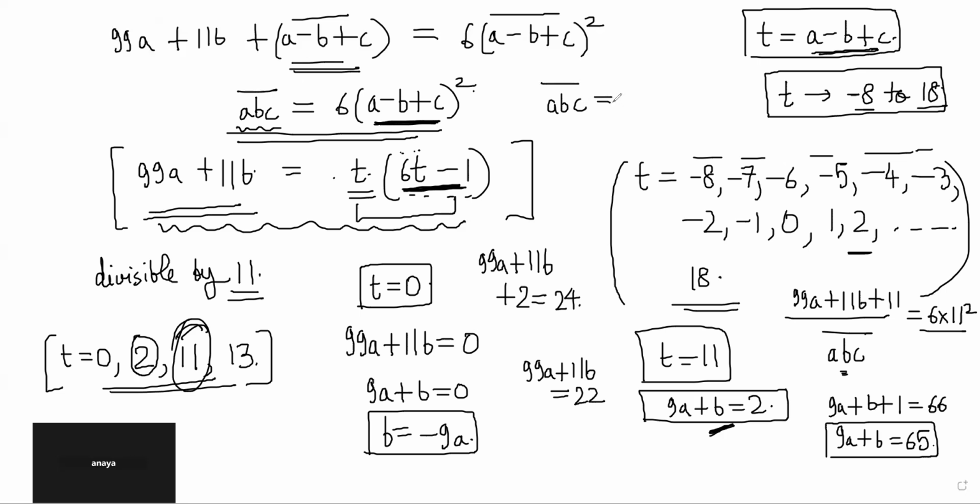So 121 into 6, so 726, right? Now notice that the number 726 fits the condition that a minus b plus c is 11.